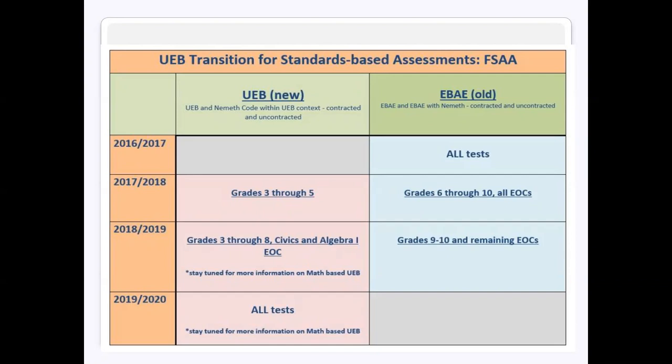Something should be changing soon, but we don't know yet what or how, or any specifics. So just know that for spring 2020, for the alternate assessment, it's going to be all UEB, EBAE is gone, and all the math and science will be UEB with Nemeth code. But changes are coming. It's just going to be a little bit slower and a little bit different with the alternate assessment. And we're working to help with this change.